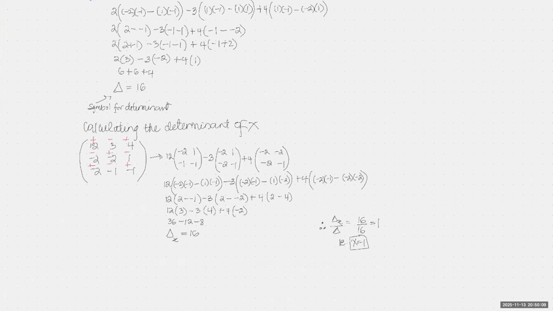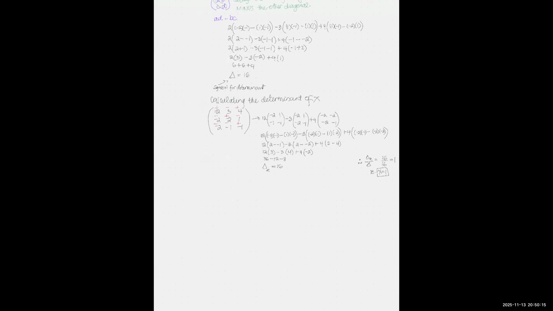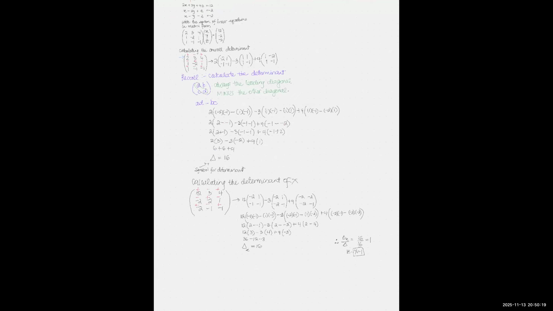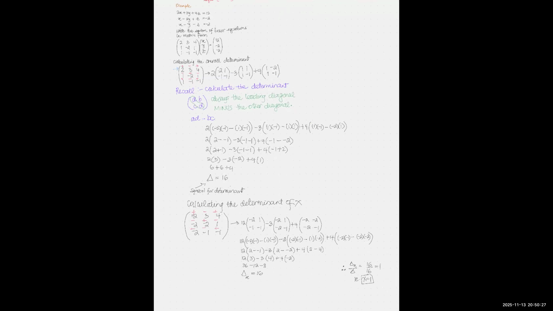Let me do something so that I can see more of the screen. You can see all of my screen now. Please go ahead and calculate the determinant of z. That's all that there is to Cramer's. Technically, Cramer's is finished.